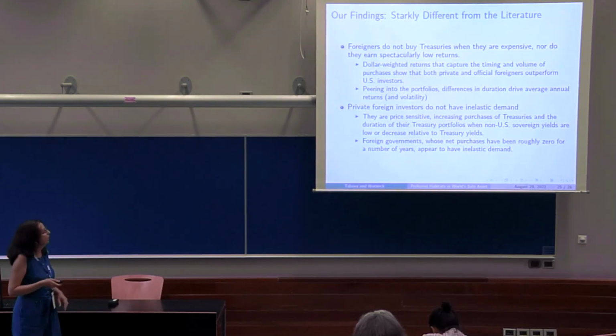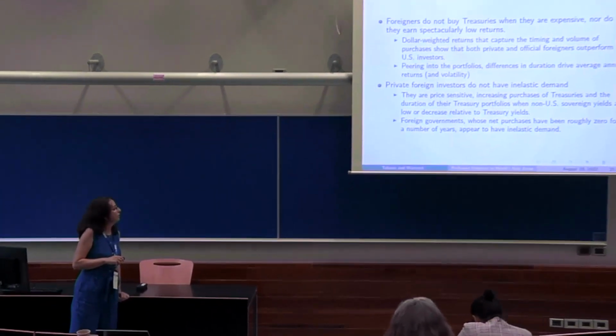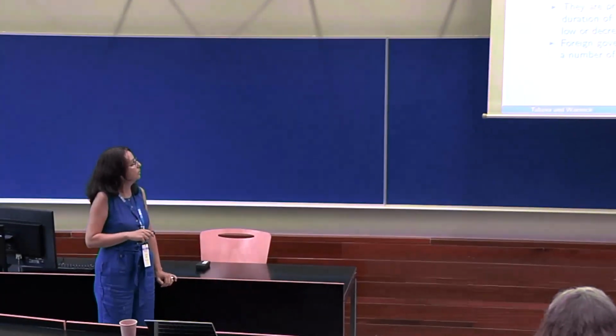In terms of IRRs, both private and officials outperform US investors, and the differences in average returns among investors are driven by duration. They come from the preferred habitat that investors have.